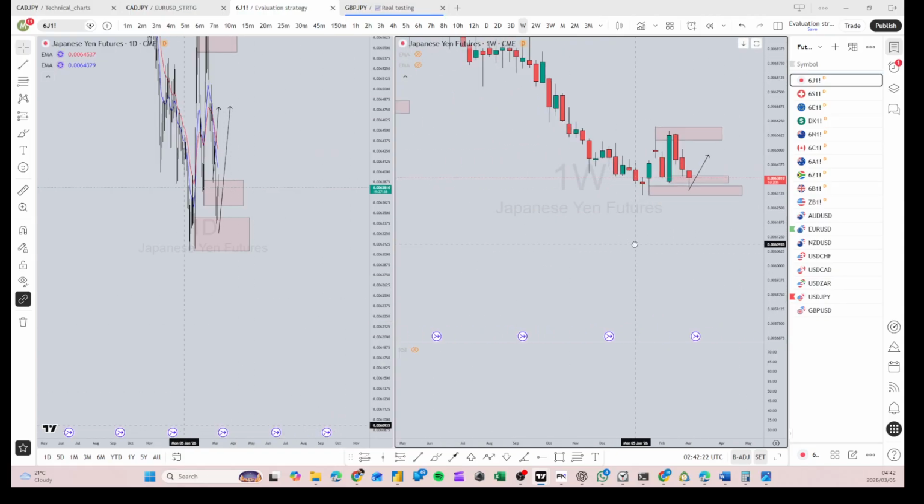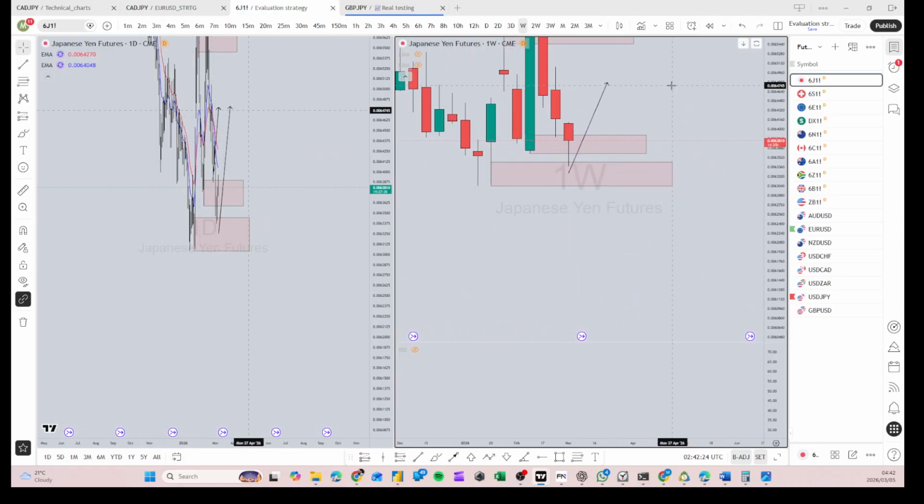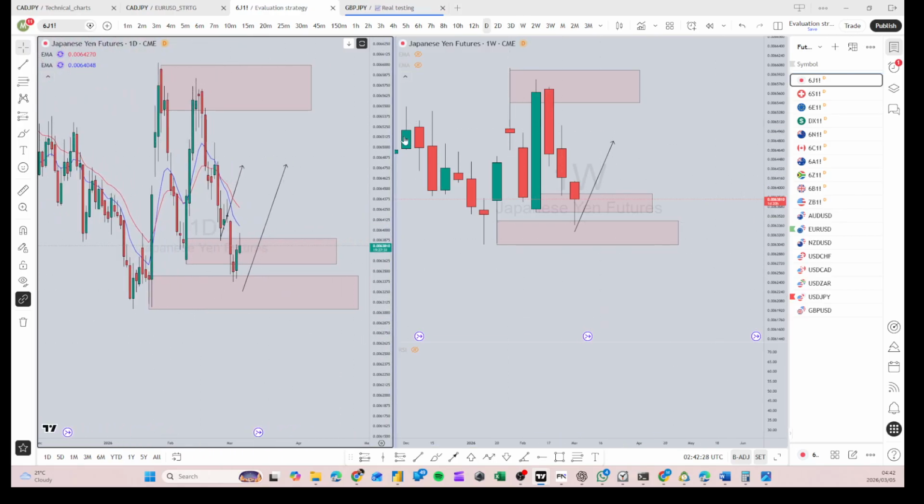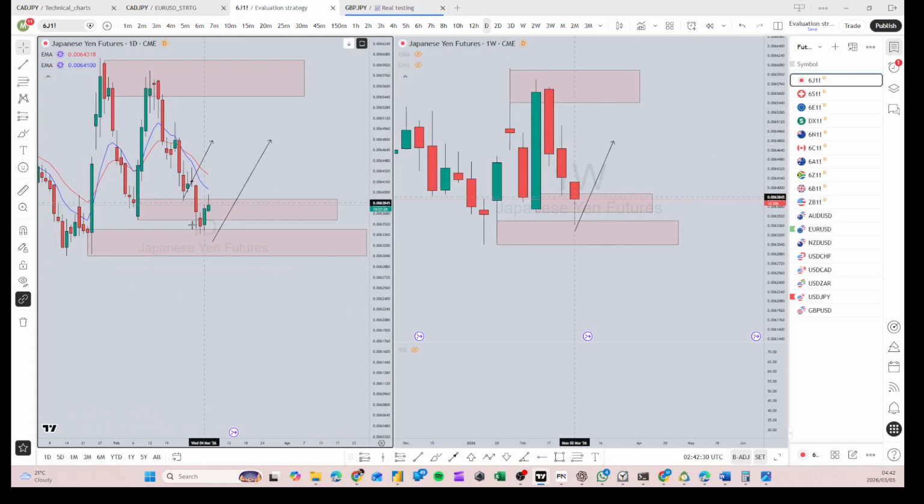I also did a breakdown of why I expected to see some moves to the upside from these daily levels. As you can see, we had these two levels, and we're actually testing the second level right now, but this might not be the end of it.